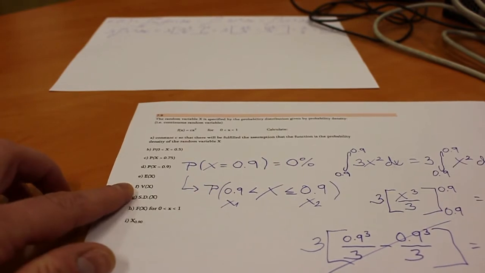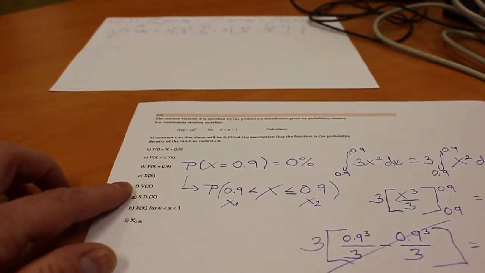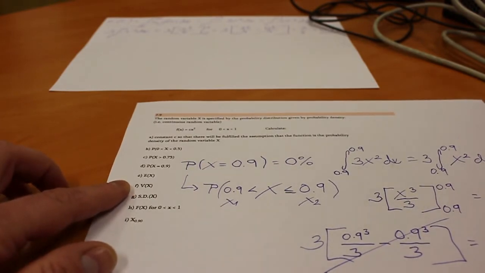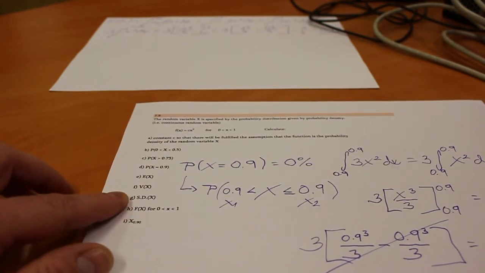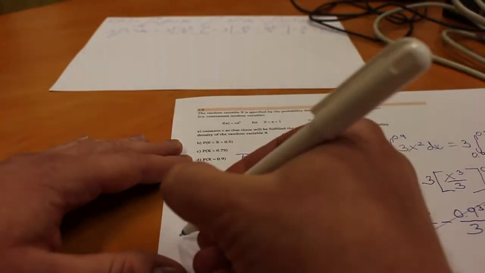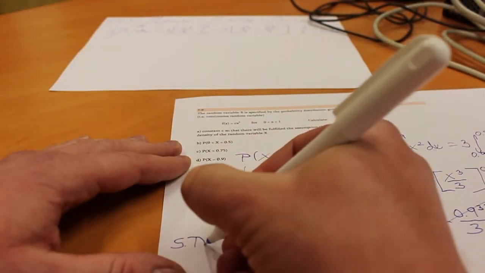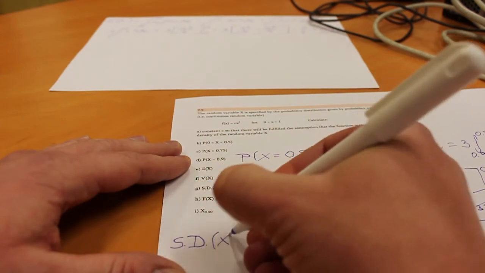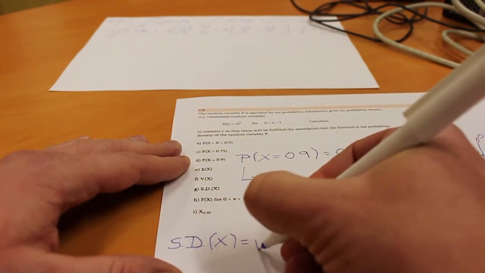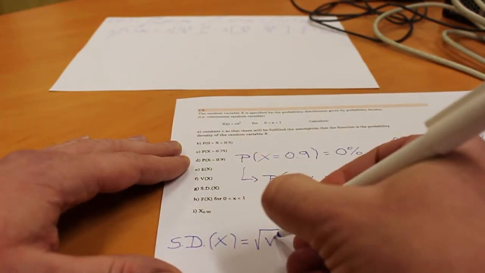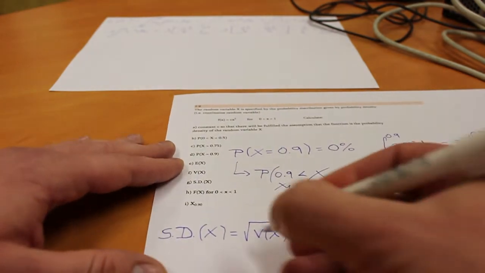We are not able to interpret this result, so better for us is the standard deviation. The standard deviation of the random variable x is calculated as the square root of the variance.